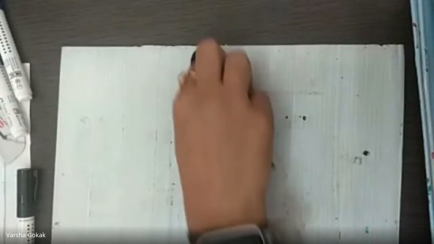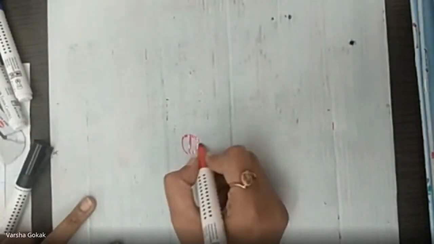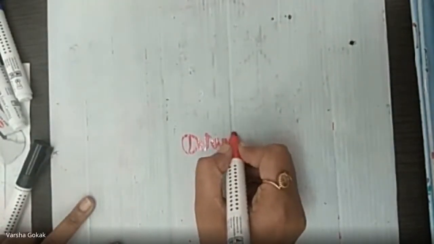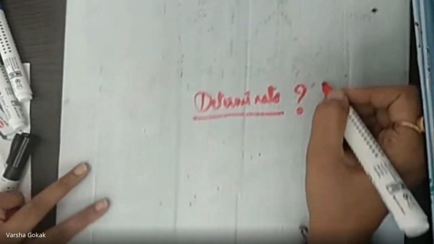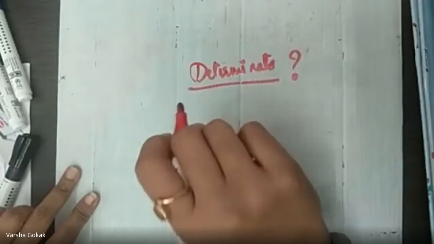Okay. Quickly, we will just revise some of the things. Tell me, what do you understand by a determinate structure or an indeterminate structure? What is a determinate structure? Whose reactions can be found.